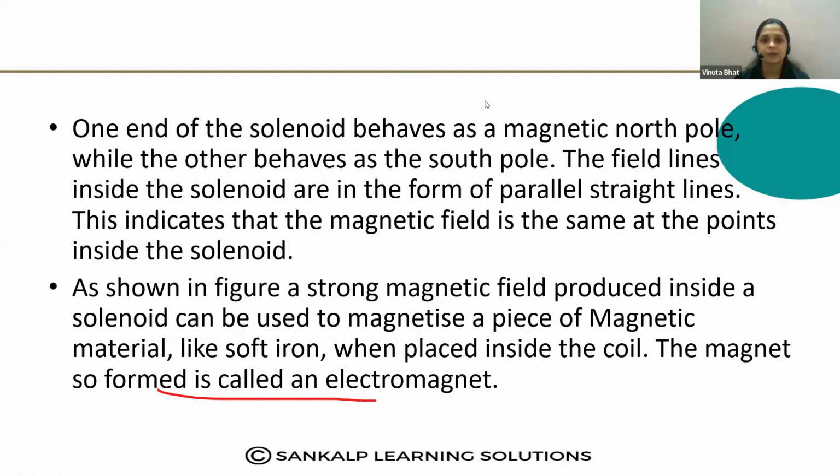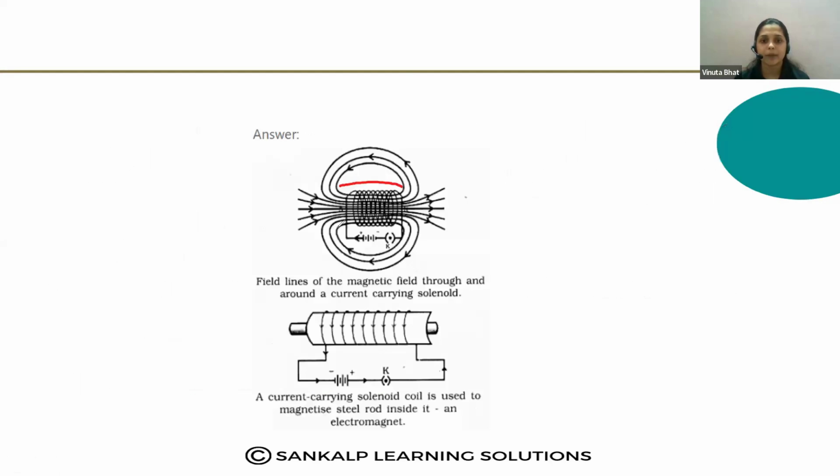So here you can observe how the solenoid acts as a bar magnet. How does it act as a bar magnet? Because it has magnetic field lines which are parallel inside, and one end acts as a north pole and the other as a south pole. So this is how to magnetize other materials like iron.